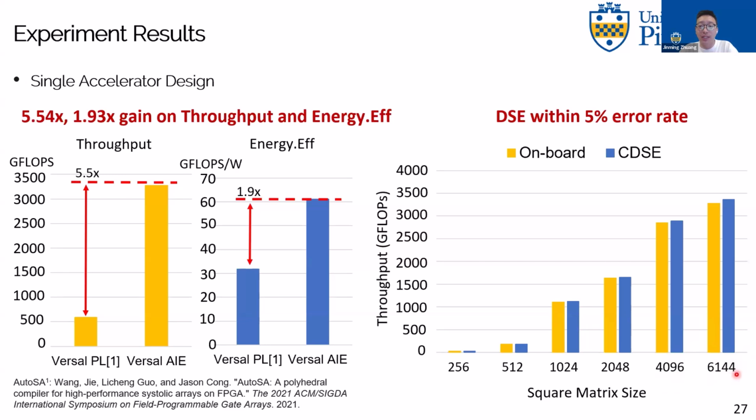When the matrix size is 6K by 6K by 6K, Charm achieves 3.2 teraflops real onboard throughput. After further optimization on the AIE array connections, currently we provide 4.2 teraflops onboard real implementation throughput, which is also integrated in our latest GitHub repo.